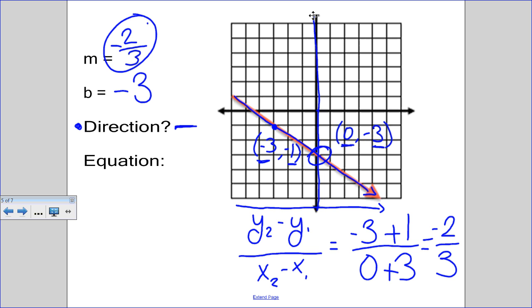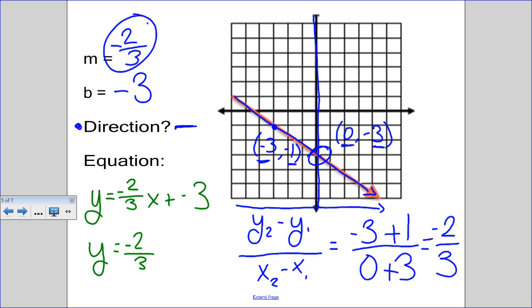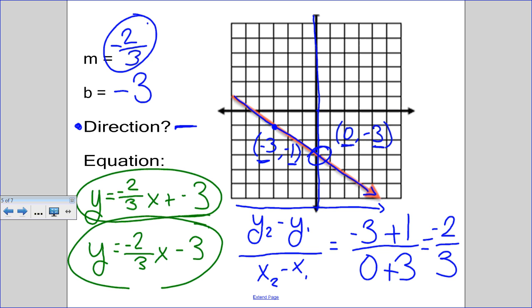We could say y = mx + b. Remember, it's m first. Negative 2/3 was our m, or our slope. x plus negative 3, or some of you might want to write y = negative 2/3 x minus 3. And either of those would be okay to use.